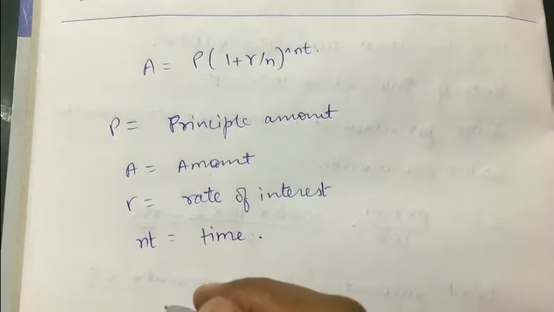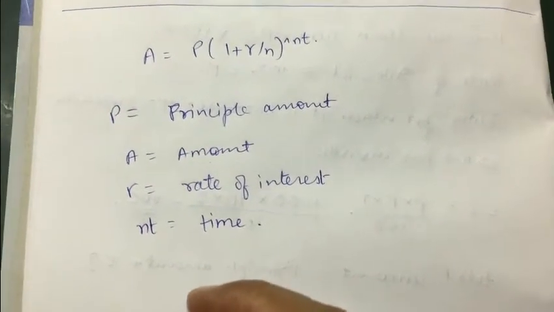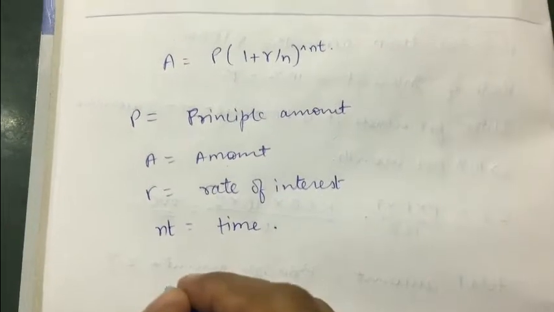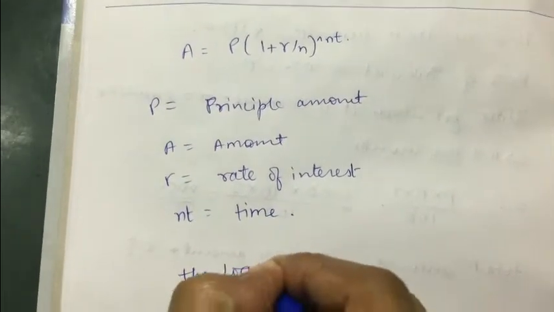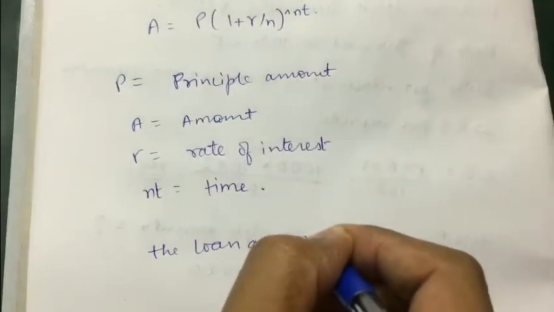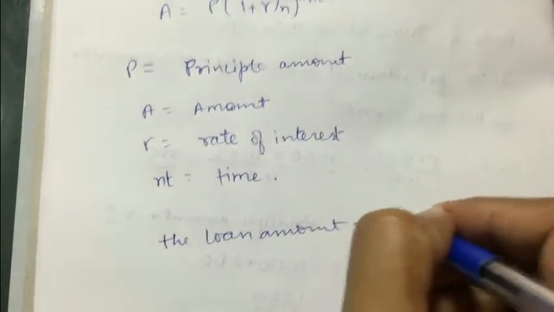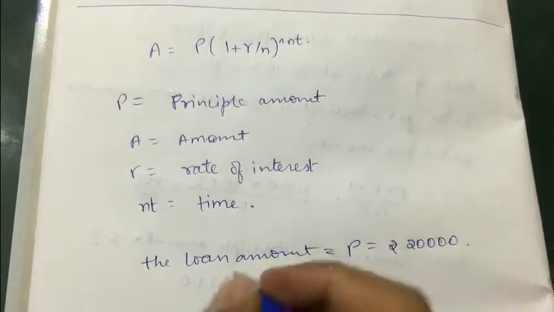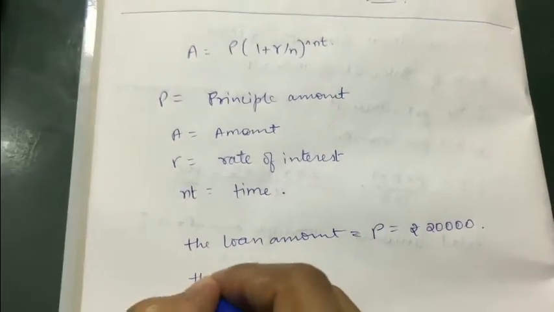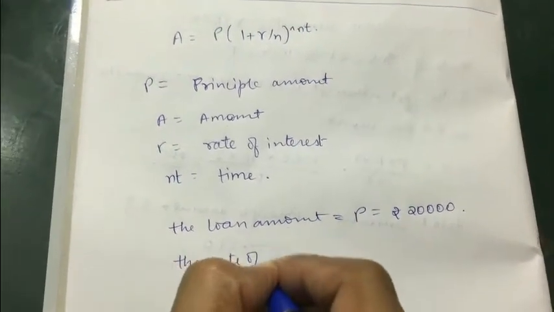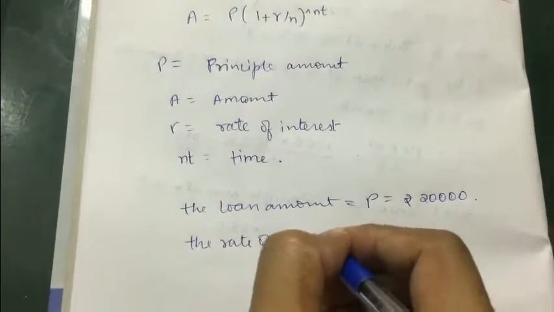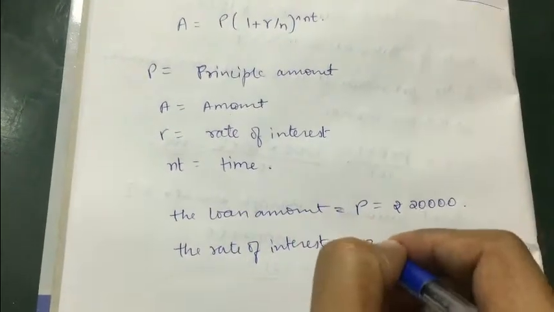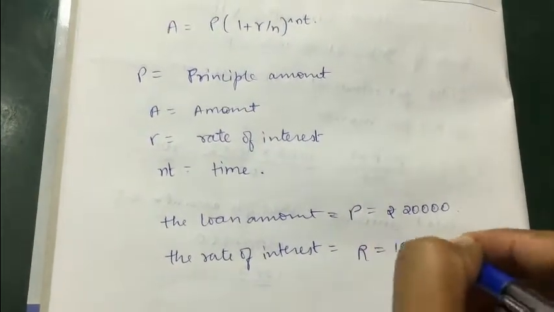So the question here is given as: the loan amount, that is the principal amount, is rupees 20,000. The rate of interest here is R equals 10% per annum.